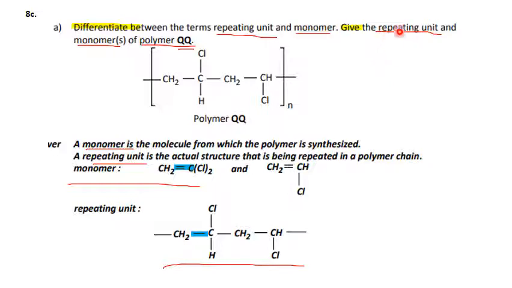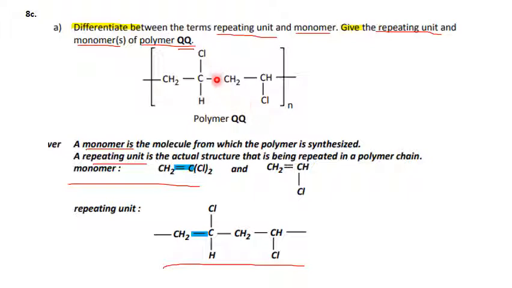Next, give the repeating unit and monomer of polymer QQ. So this is polymer QQ. This is addition polymerization. For the monomer, surely there is a double bond. When you form the polymer, it forms a single bond, which means the double bond breaks. So you break over here, and this is the monomer.